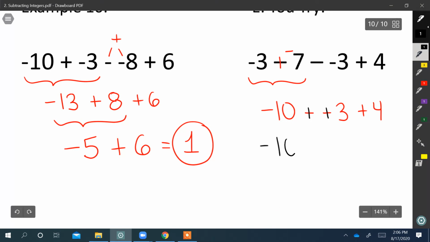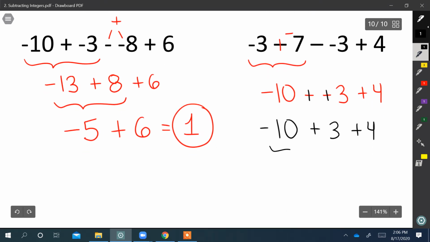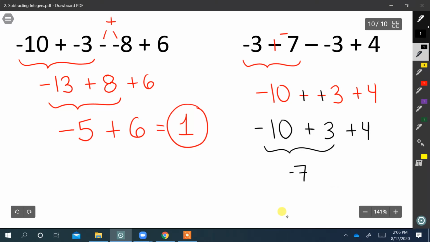So in reality, you have negative 10 plus 3 plus 4. Negative 10 plus 3, that's going to be negative 7. You have more negatives, that's why it's negative. And then finally, negative 7 plus 4 should equal negative 3.